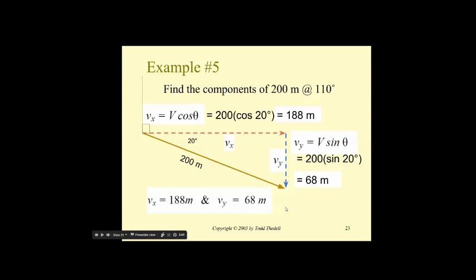Okay, fairly straightforward, not a problem. Just as you know that the x component uses the cosine because it's adjacent to that angle, and the vertical, the y component, is opposite the angle, so we use the sine. That should help you remember which is which.